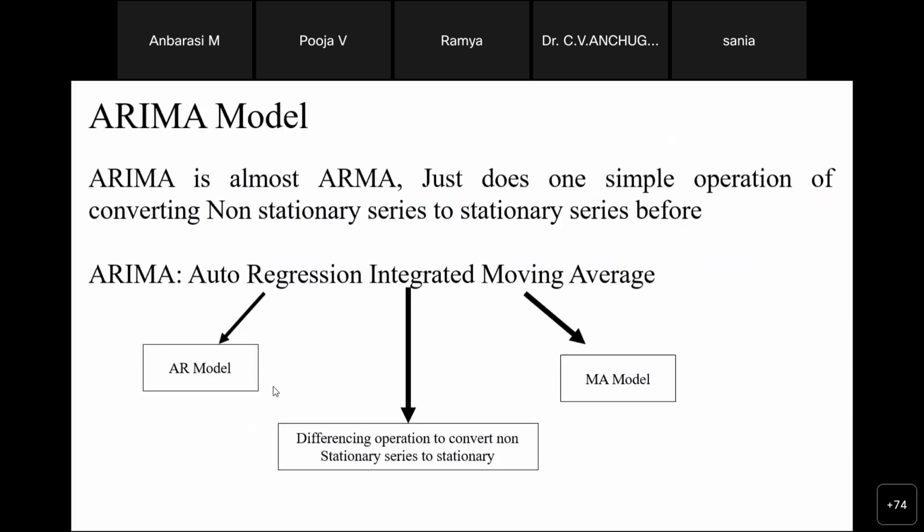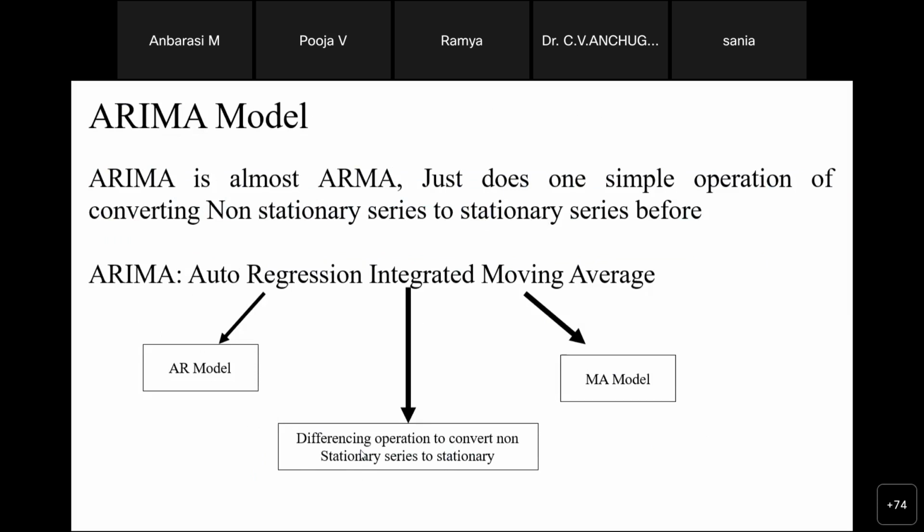So next one is the ARIMA model. The ARIMA model is also similar to the ARMA model, just there is a slight variation. Here we have I, which is nothing but the integration. Integration is nothing but the differencing operation to convert the non-stationary series to a stationary series.